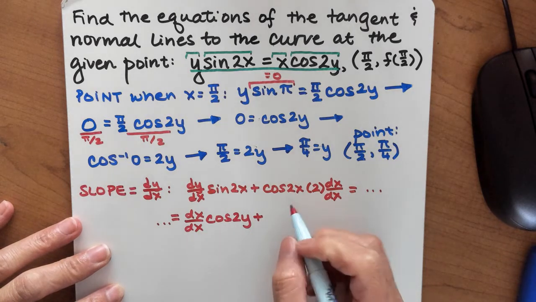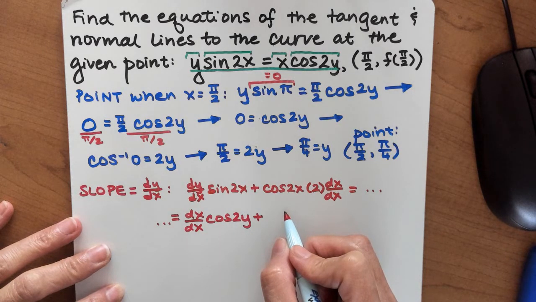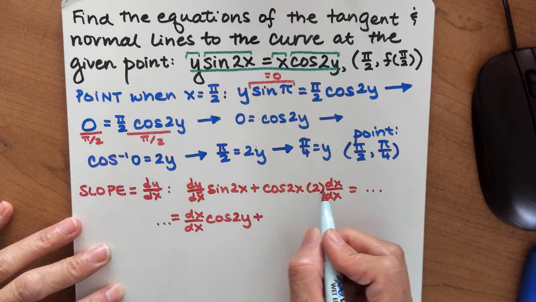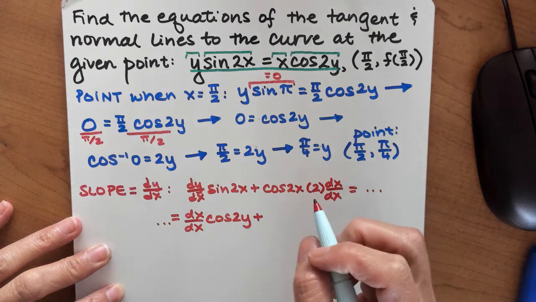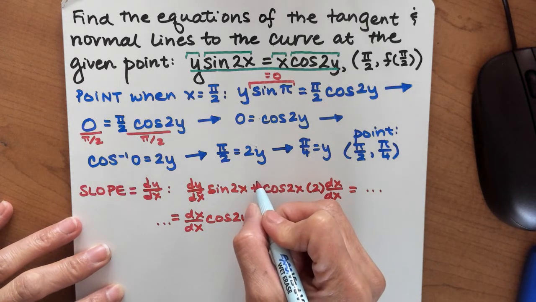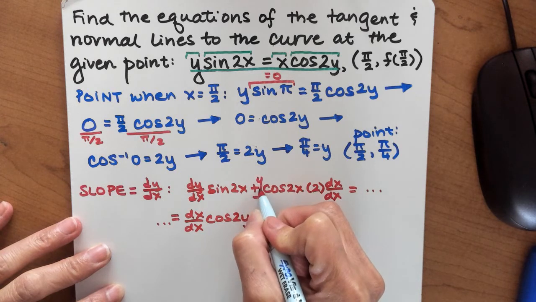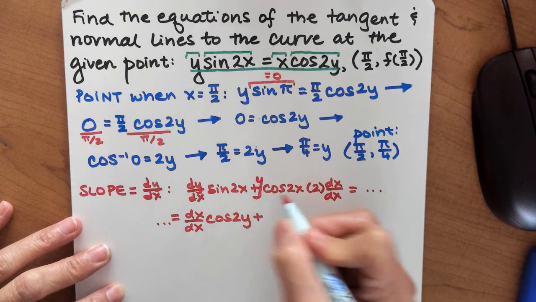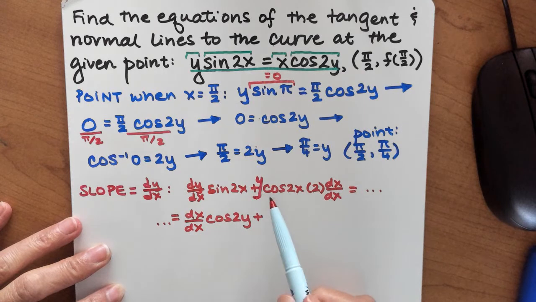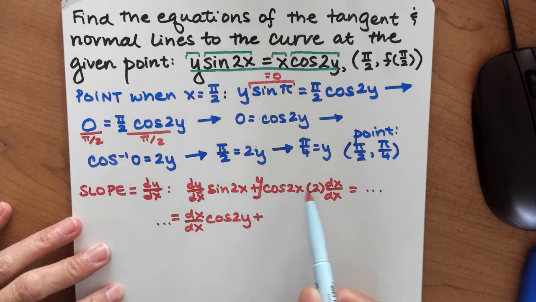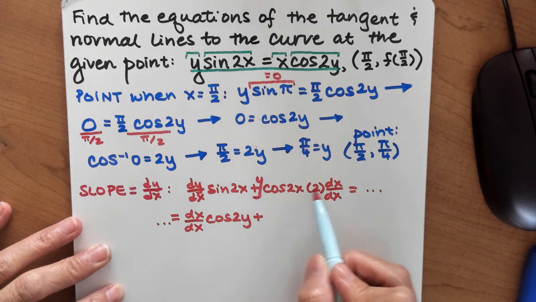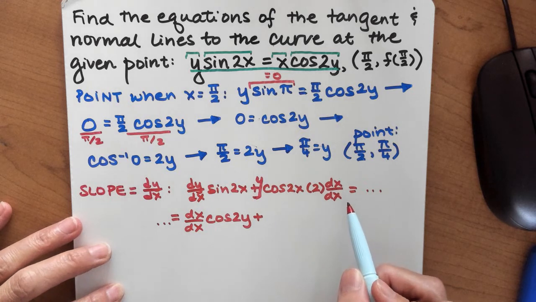Plus x, oh, you know what I forgot here? I forgot my y. I'm going to squeeze a y in here in my product rule. Sorry about that. y times the derivative of sine 2x. This is the derivative of sine 2x.